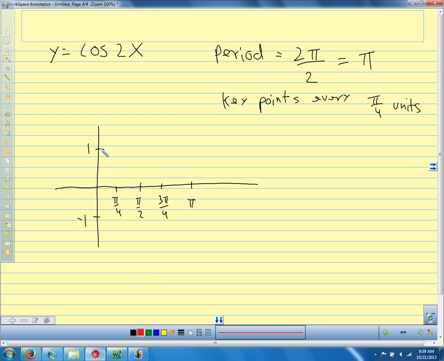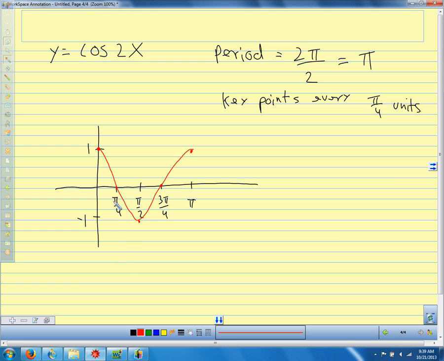And my cosine graph is going to start up here at 1. It's going to go to there, to there, to there, and then back up to here. So there would be one period of that cosine function.